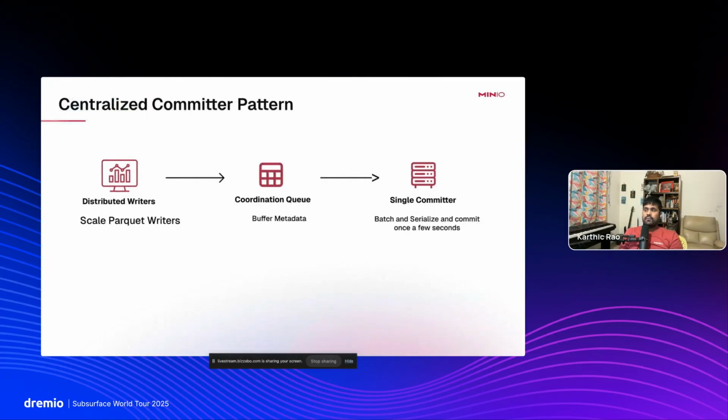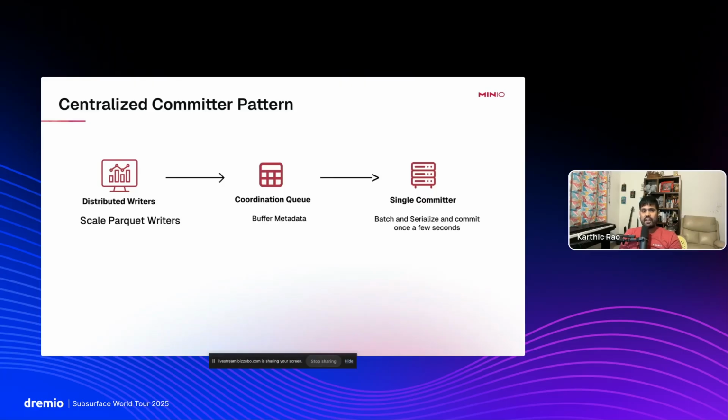So the key consideration, or the key component of how you should think about designing your Iceberg writes, is to separate two different components. Every Iceberg client both writes data and also commits, right?